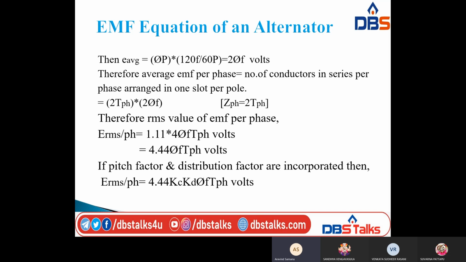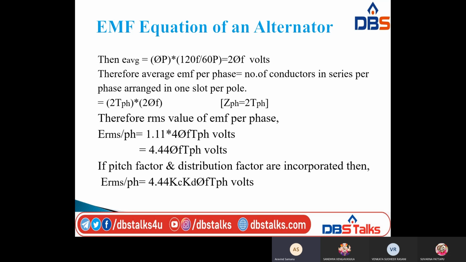So 1.11 into 4 into phi into f into T phase is equal to 4.44 into phi into f into T phase volts. If we consider the pitch factor and distribution factor in the above equation, the RMS value of the EMF per phase is equal to 4.44 into Kc into Kd into phi into f into T phase volts. This is the EMF equation for an alternator.